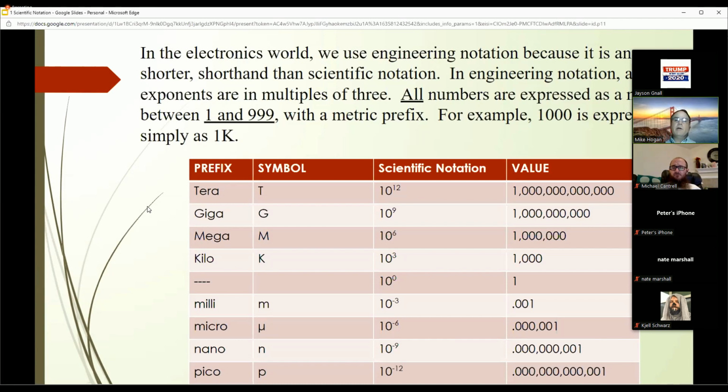But when we're dealing with engineering notation, it's really the same process, but the difference in the two is where we decide to stop moving the decimal. If you notice, really what we work in are these multiples of 3, right? I'll move it 3 places, 6 places, 9 places, 12 places. That allows me to stick to these prefixes, right? So instead of moving it 4, I'll only move it 3.